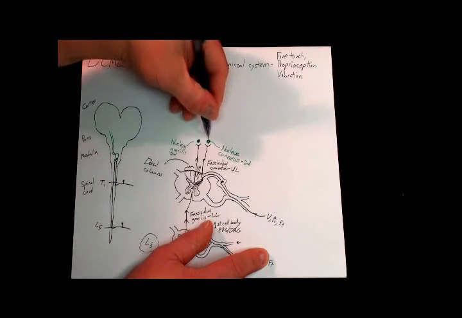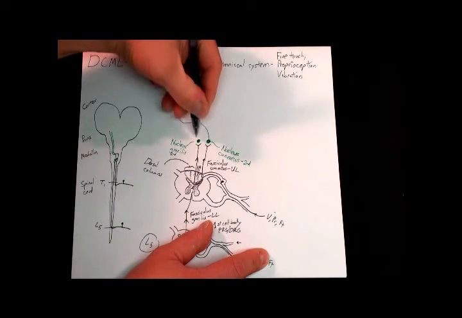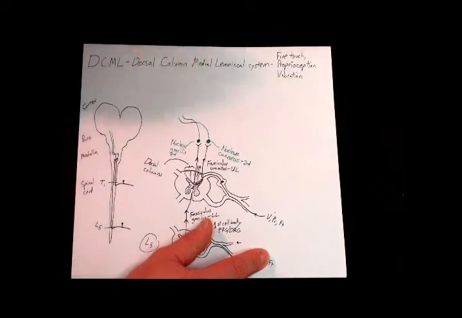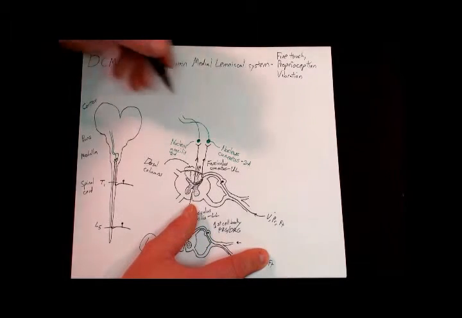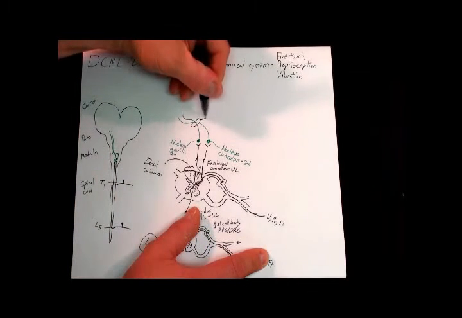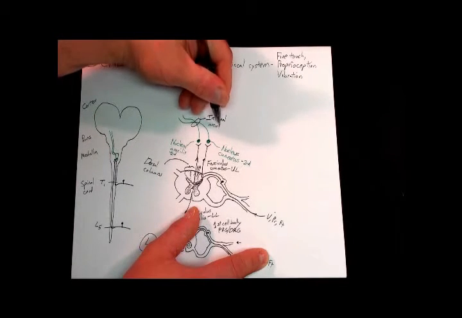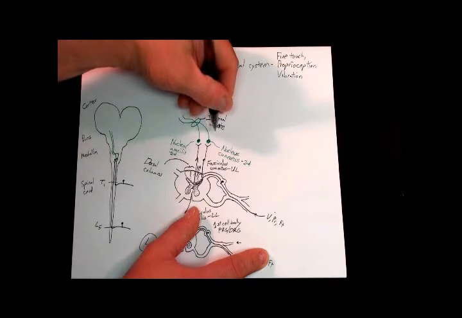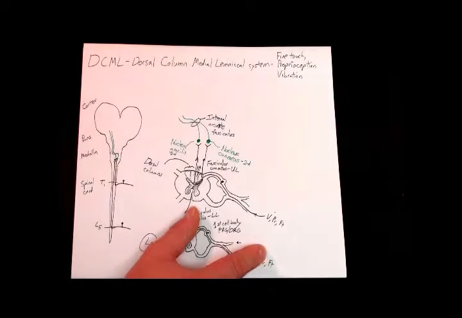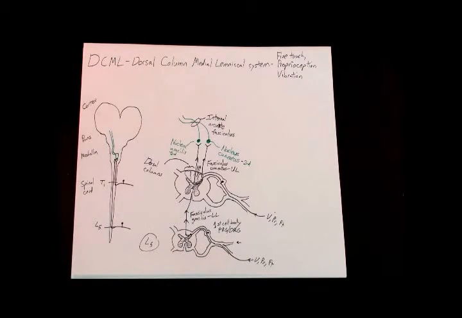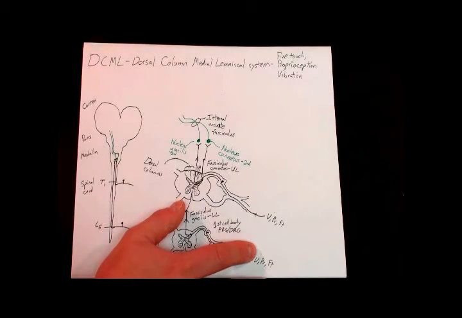This crossing occurs in a relatively narrow band of the medulla, and that's referred to as the internal arcuate fasciculus. And if you haven't figured out already, fasciculus just means big cluster of axons that's moving up and down.